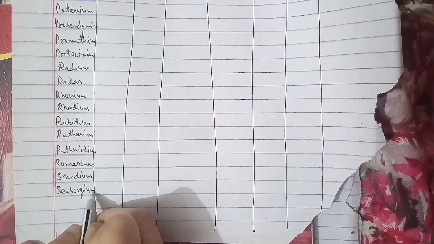After thulium, we have tin. Then we have titanium. After titanium, we have tungsten.